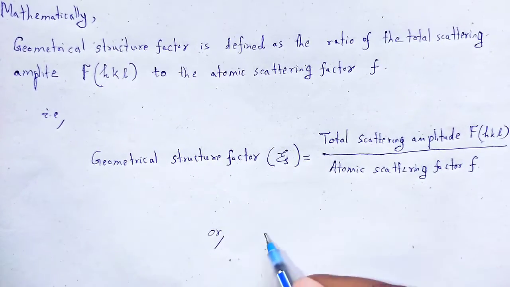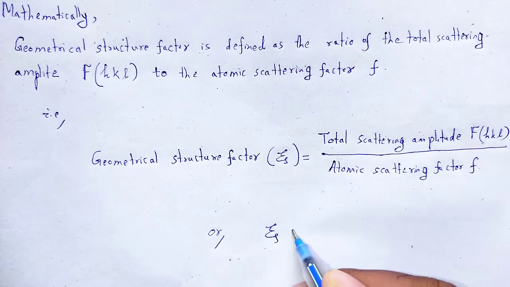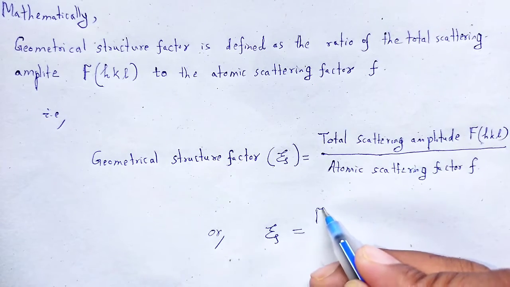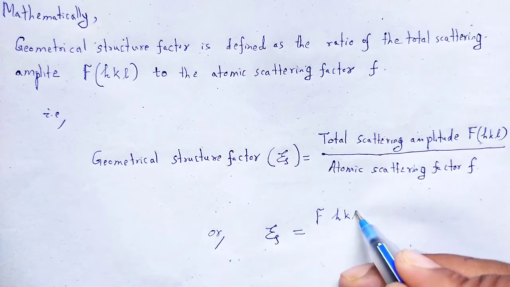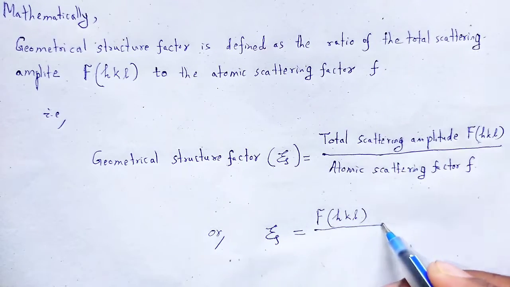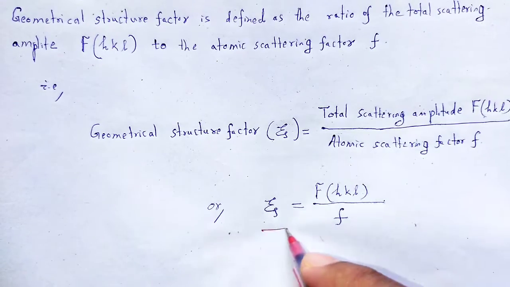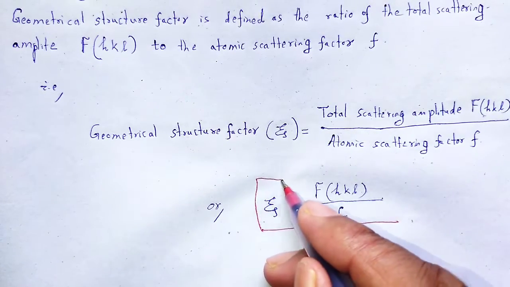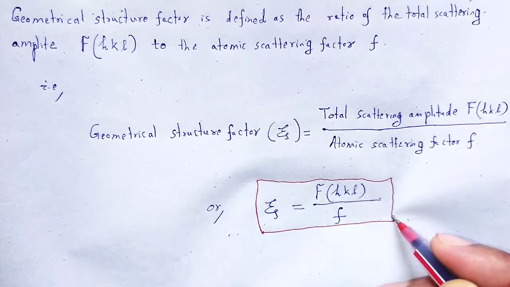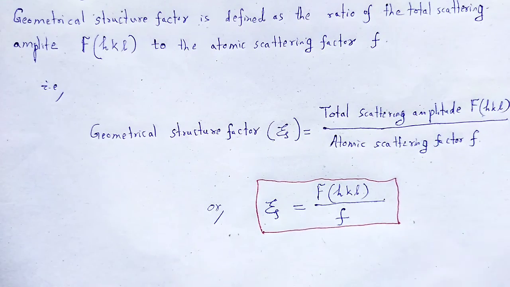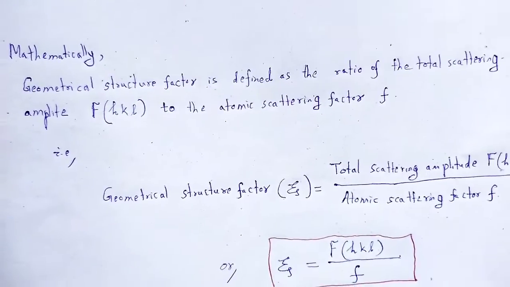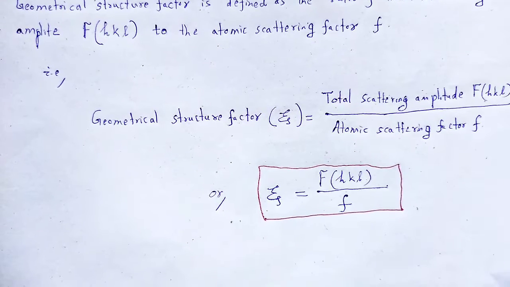Therefore, geometrical structure factor zeta is equal to total scattering amplitude F(hkl) divided by atomic scattering factor small f. Now, we have to derive that equation of geometrical structure factor.